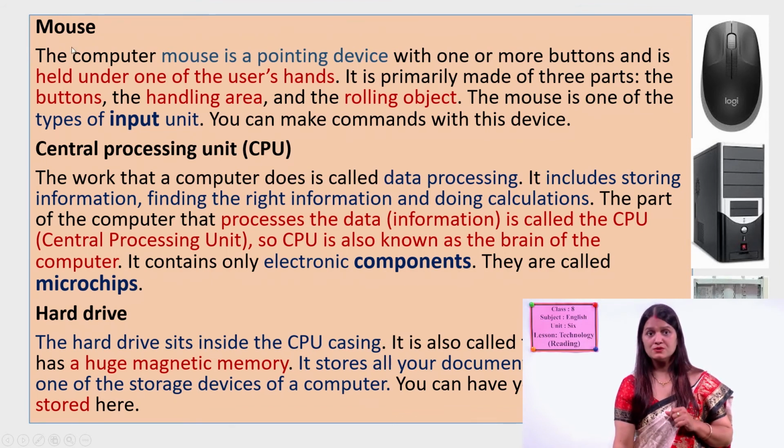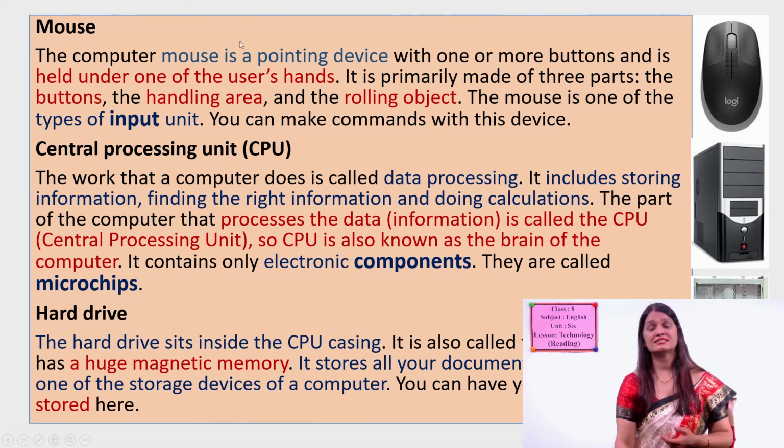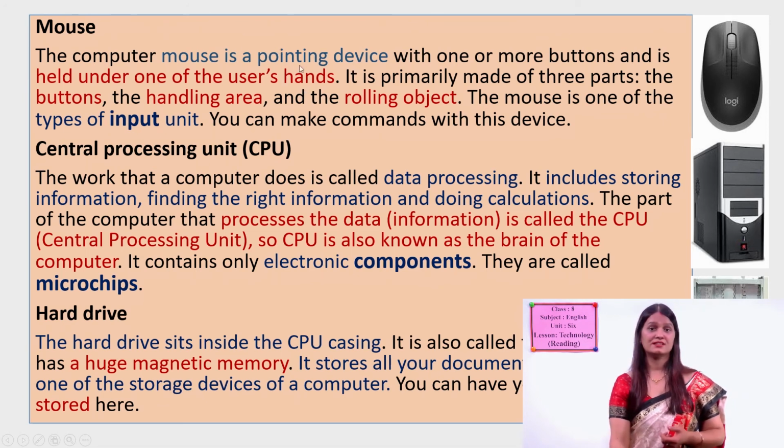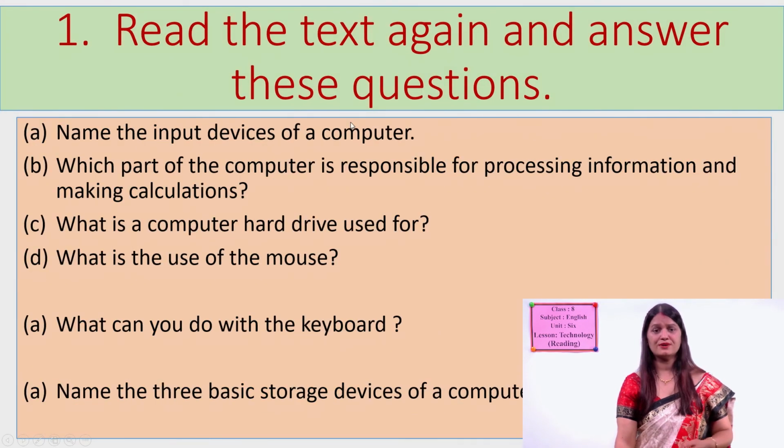Just like mouse is here. What is the mouse used for? For pointing devices with 1 or more buttons and is held under one of the user's hands. Or you can only say it is used for pointing, right? So it is also our input unit. So in this way you have to find out.